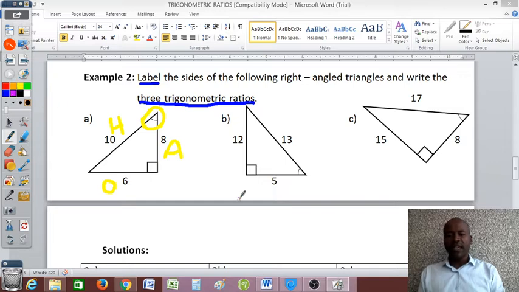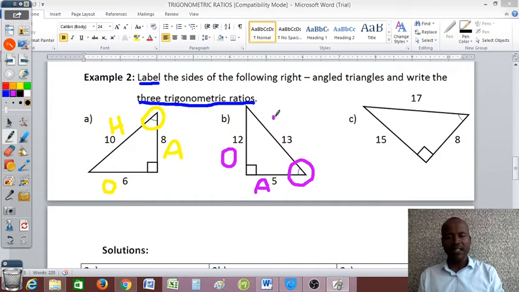All right. Again, here in B, we have given this angle. The side which is opposite to this given angle is O. And this side is adjacent. Now after this, easily you can name the three sides. The side opposite the right angle, the longest side, is H, the hypotenuse.